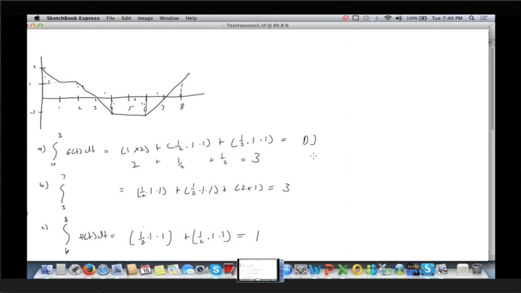Okay. Well, actually, we are making some mistakes here. The problem here is that we've forgotten that when the area is underneath the t-axis, it represents a negative number.